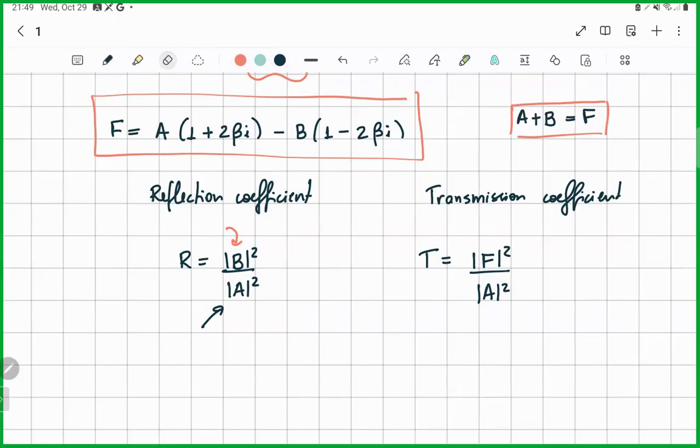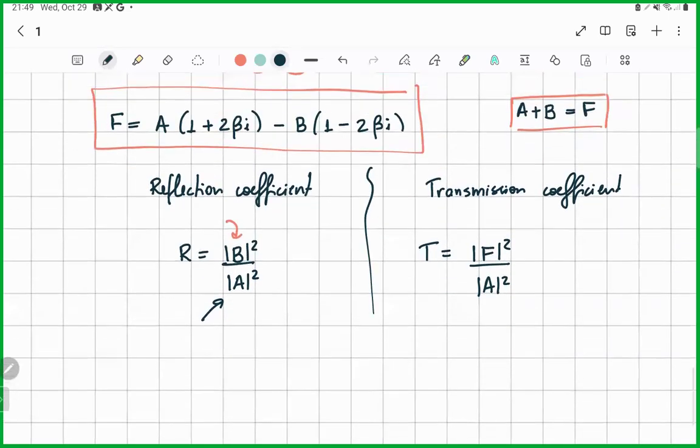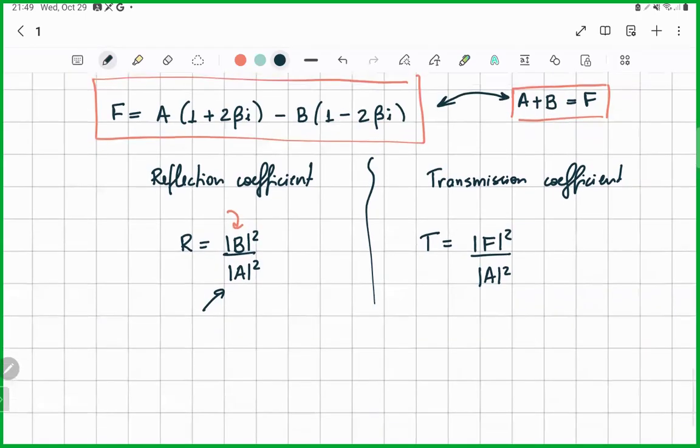Let's start with the reflection coefficient. How are we going to get it? I need to get rid of F, because F is not in the story of the reflection coefficient. So we are going to combine these two equations, and instead of putting F, we are going to write A plus B equals 2. We have A plus 2 beta IA, and then we have minus B and plus 2 beta IB.